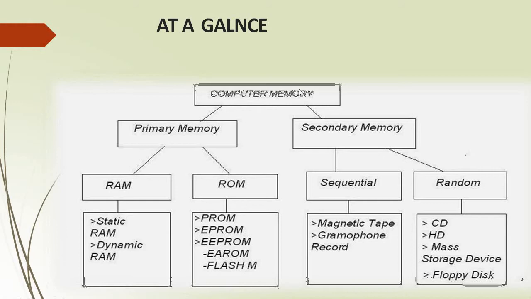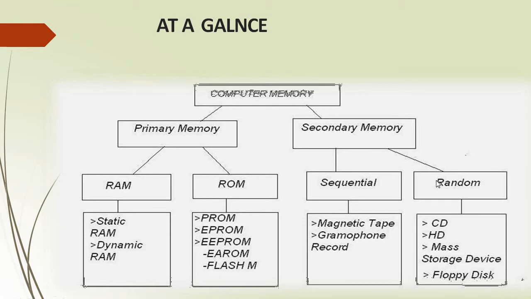At a glance, computer memory is classified into two parts, primary memory and secondary memory. Primary memory is RAM and ROM, where RAM is static RAM and dynamic RAM, and ROM is PROM, EPROM, EEPROM, that is erasable ROM, and flash memory.